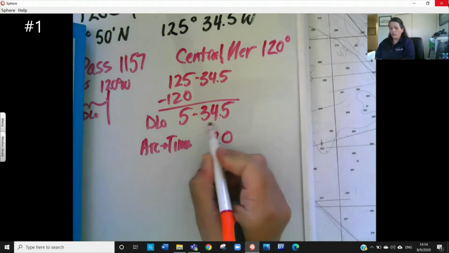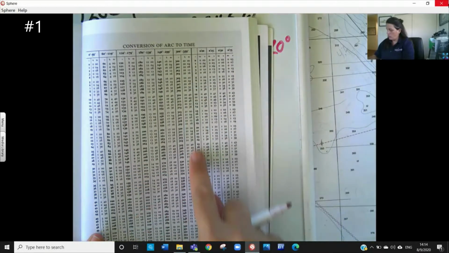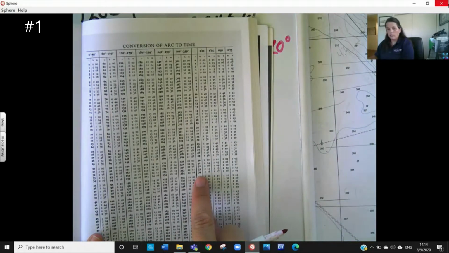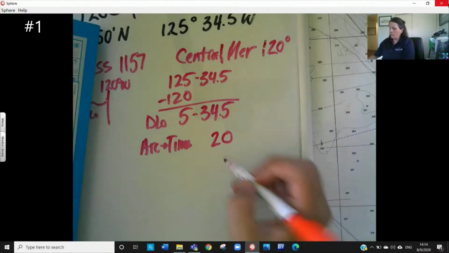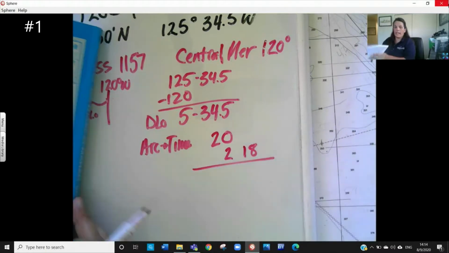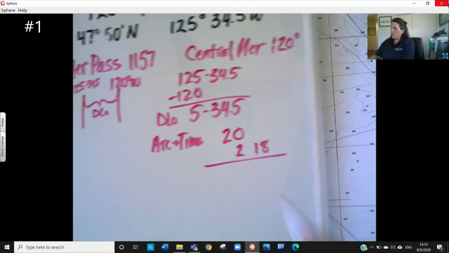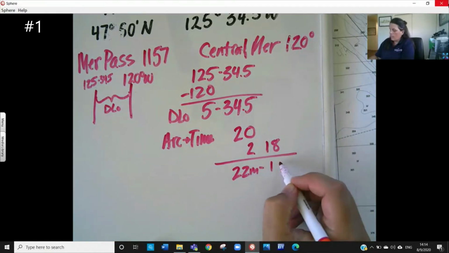And then we're looking for 34.5. On our minute section, 34.5 is going to be 2 minutes and 18 seconds. So we have a total time difference of 22 minutes and 18 seconds.